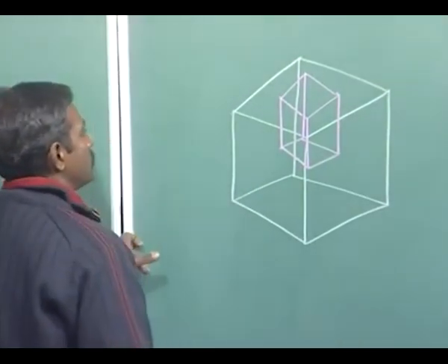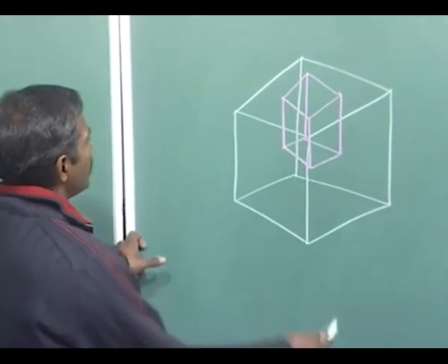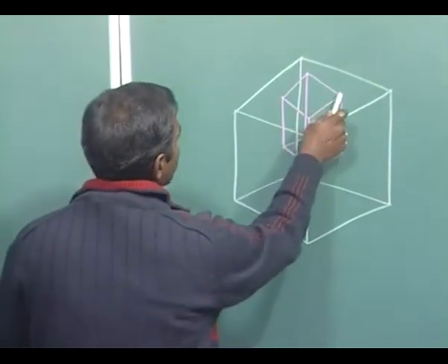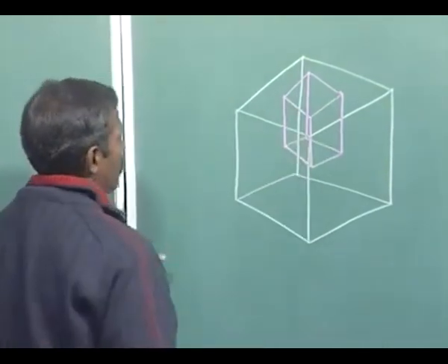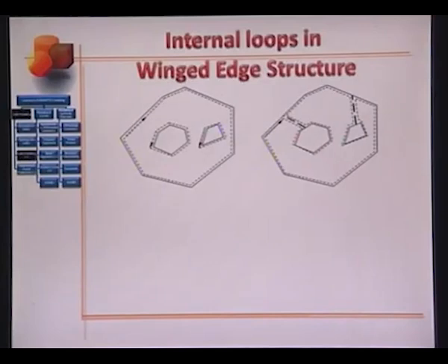How would the winged edge data structure work in case when these internal loops are present on faces? These are some candidate faces with a few internal loops.